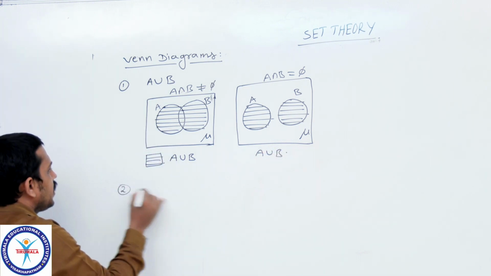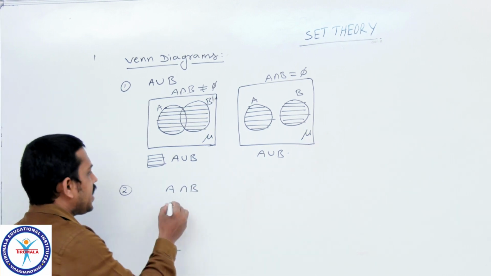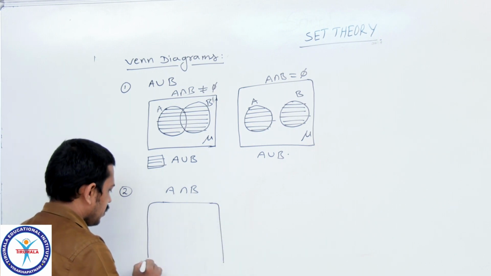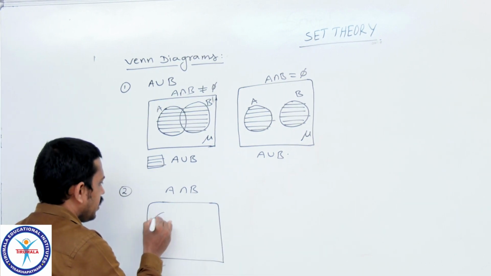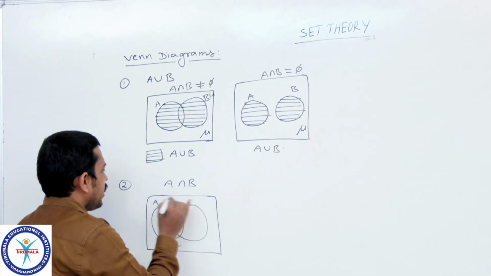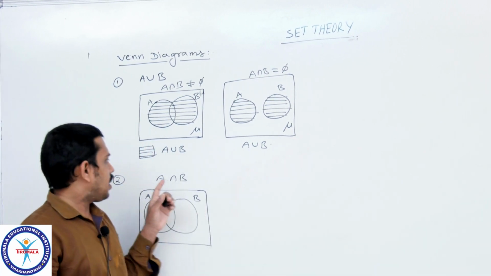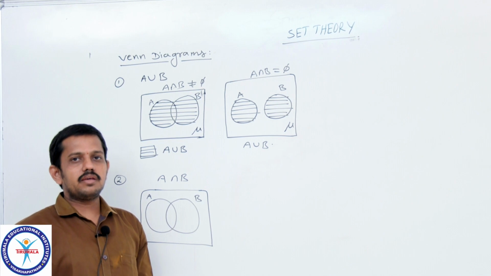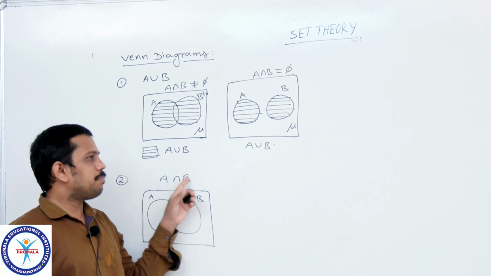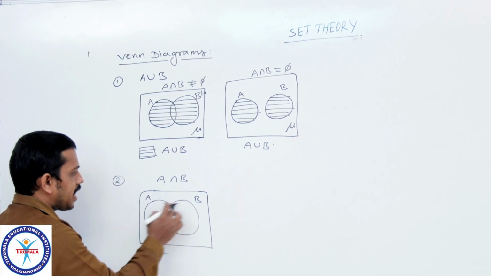Next one, A intersection B. A is a set and B is another set. If A, B are any two sets and A intersection B is not equal to phi, then A and B have a common region. What is the common region for both A and B?